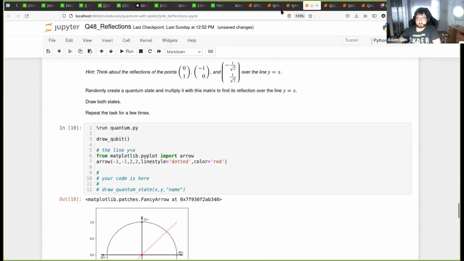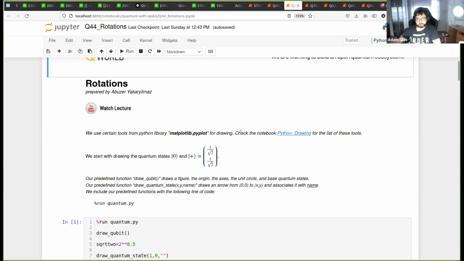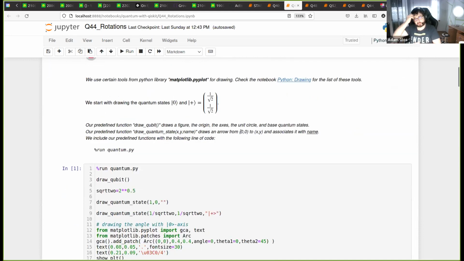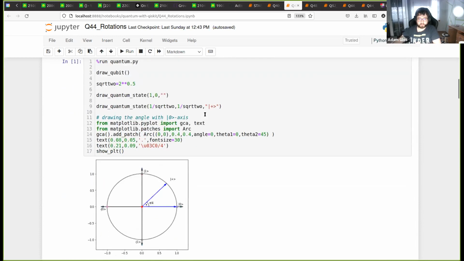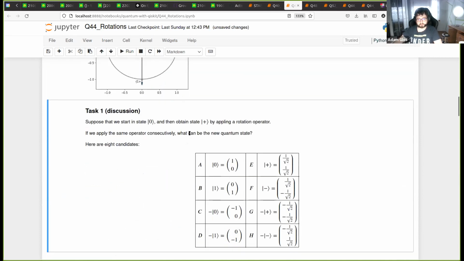So I told you about these two kinds of operations, reflection and rotation. Let us now go back to the rotation gate, which is exactly this RY. This is the only one we know. As you remember, we already agreed that applying rotation several times may produce different quantum states.